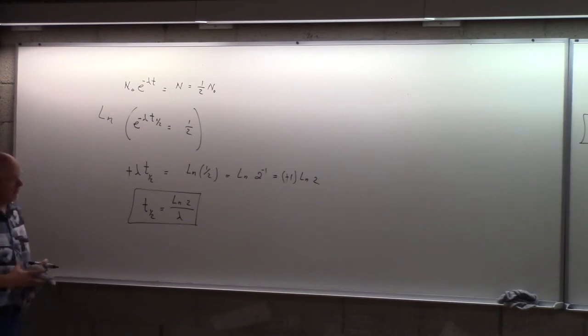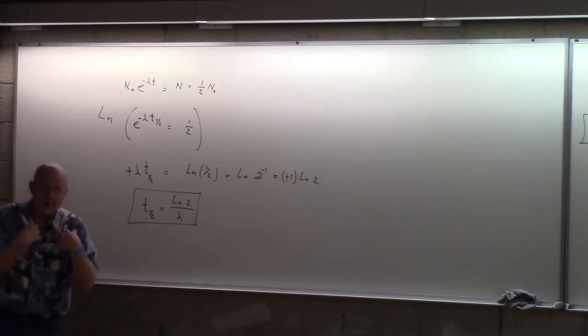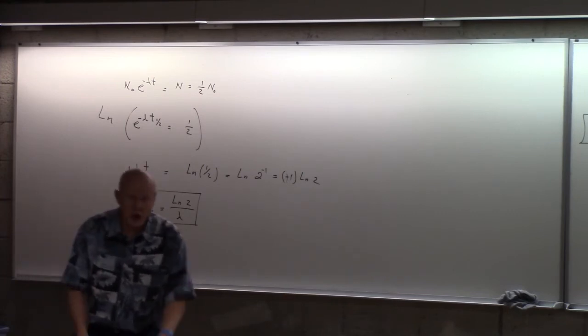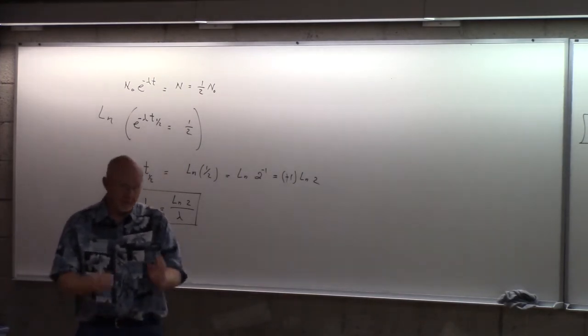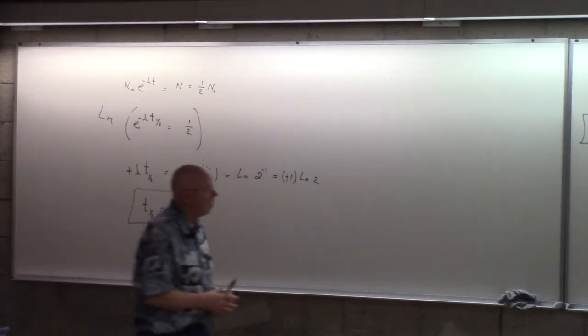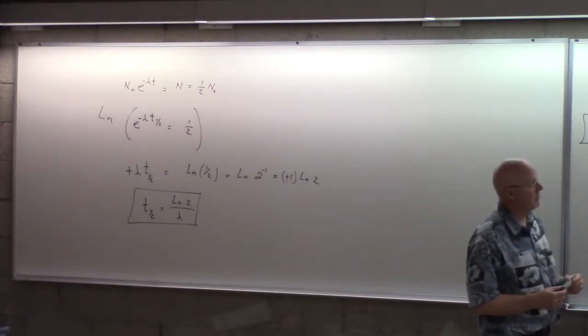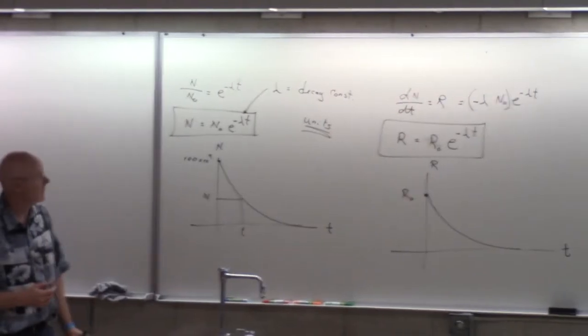And I think that we need both, because I think from a human perspective, we like to ask the question, how long before half of them are gone? But from a math question, we need the decay constant to go up into that exponent.